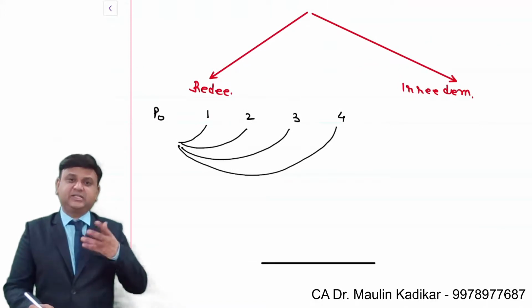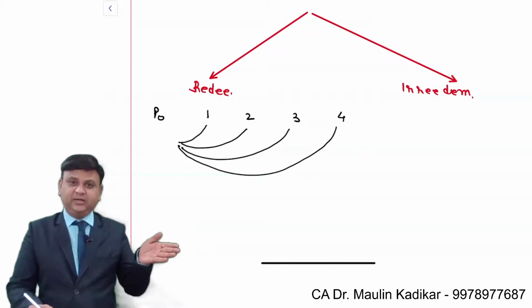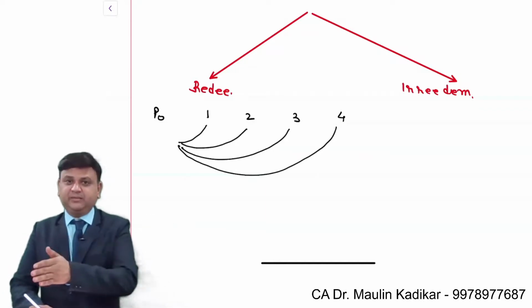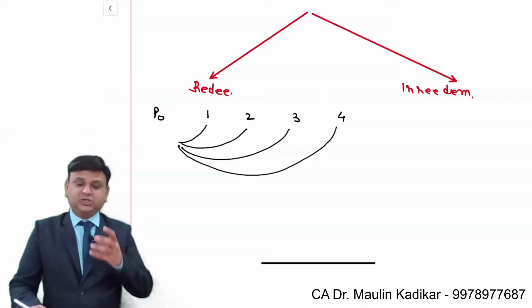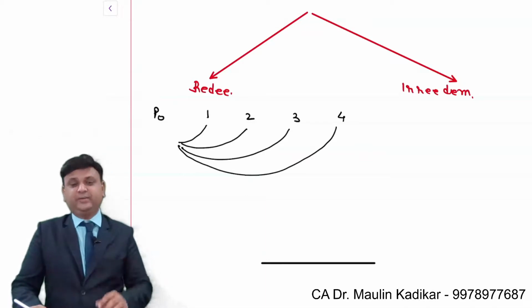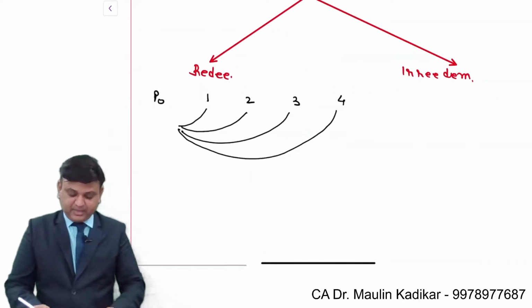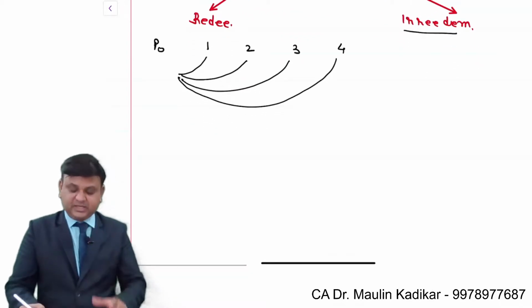If it is an existing security, then whatever number of years have expired so far, we ignore them and focus on the remaining number of years, and for those remaining years the cash flows are computed and discounted in present value terms to find P0. In case of irredeemable security, your query is correct, my dear.